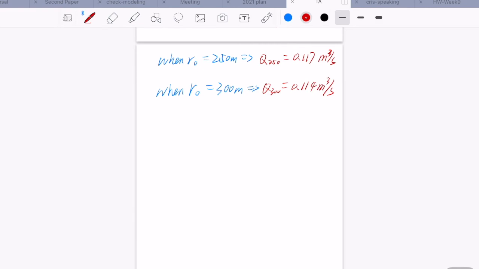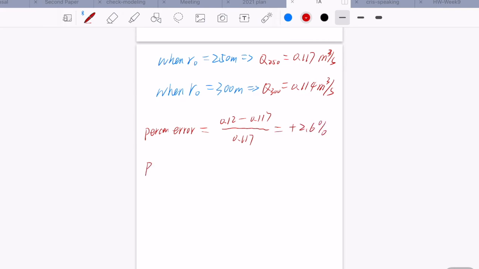The first percent error should be equal to the observed value 0.12 minus the expected value 0.117, divided by 0.117, the expected value. So this value is positive 2.6%.